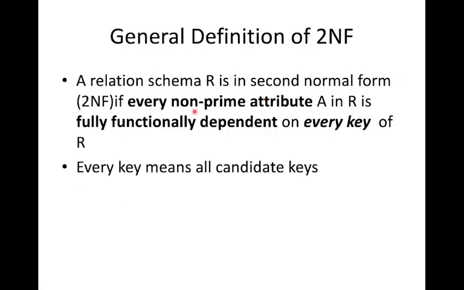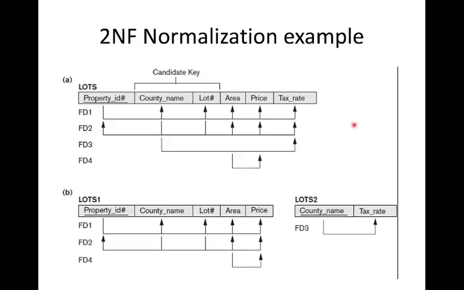As per the definition, every non-prime attribute should be fully functionally dependent on every key of R. Non-prime attribute area should be fully functionally dependent on property ID. It is true.